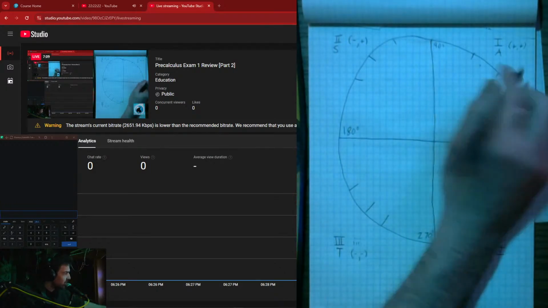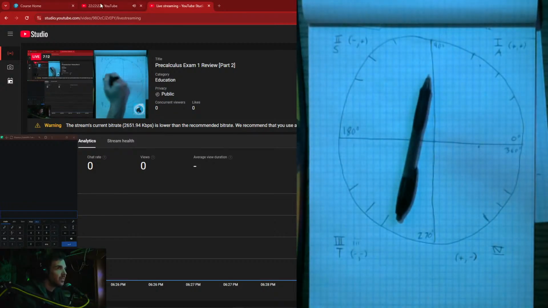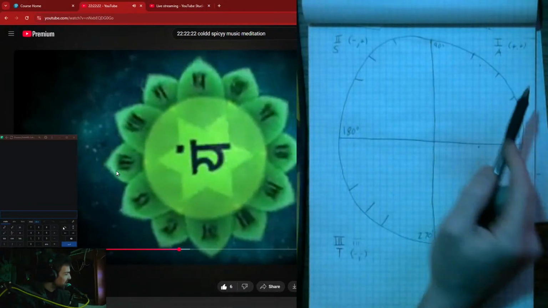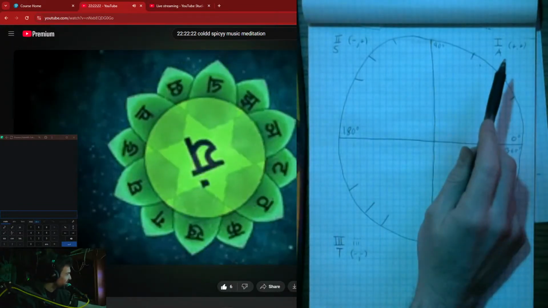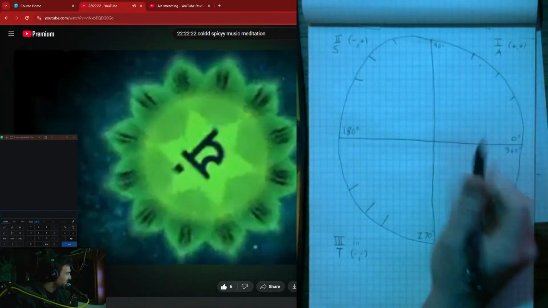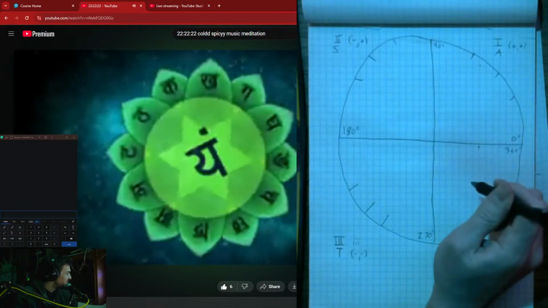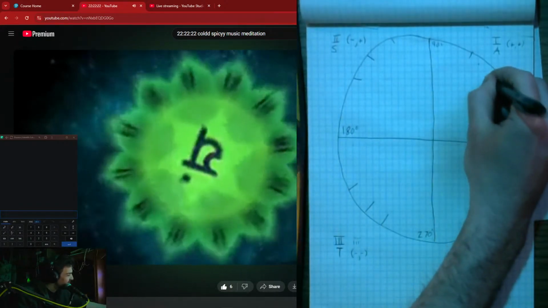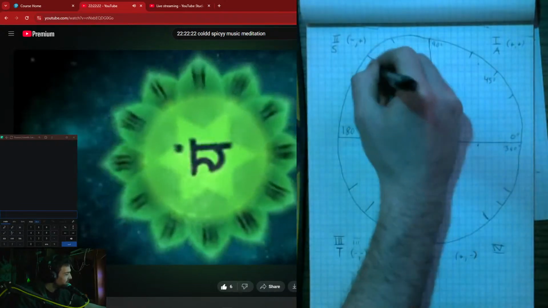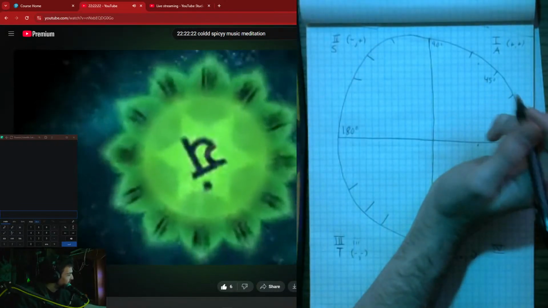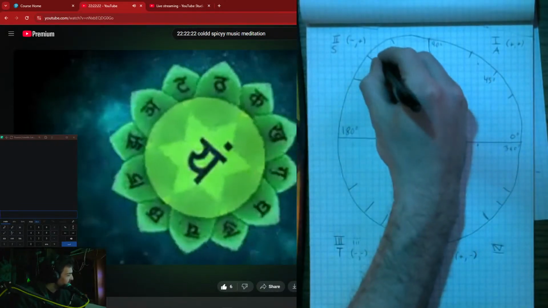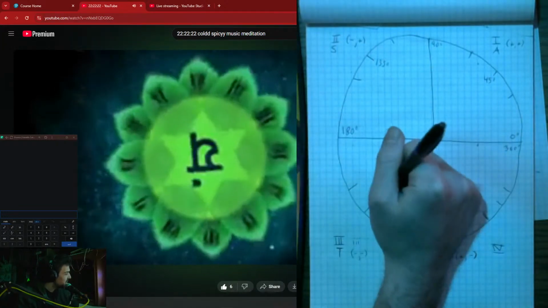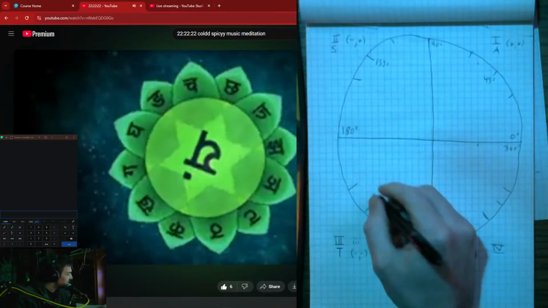All of our common angles. For the common angles, we've got 30 degree angles and 45 degree angles, right? So start with 45, half of 90 degrees. 90 plus 45 degrees is 135. 180 degrees plus 45 is 225.